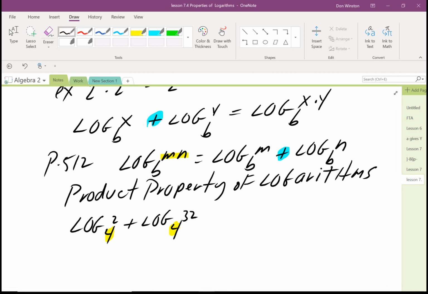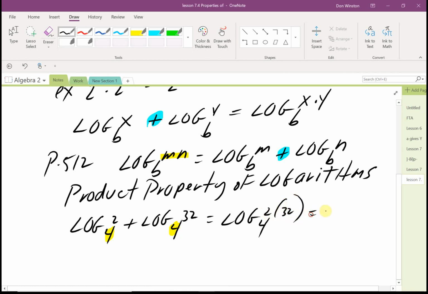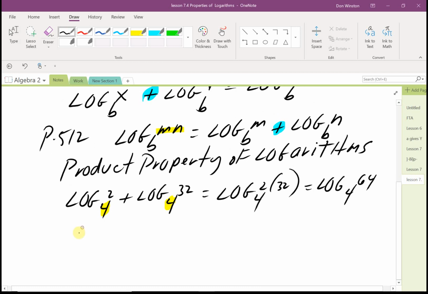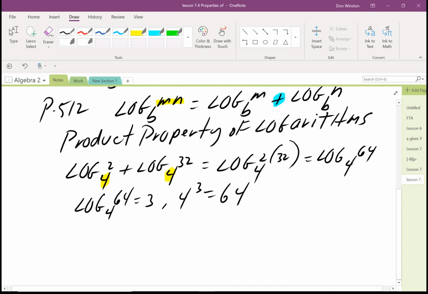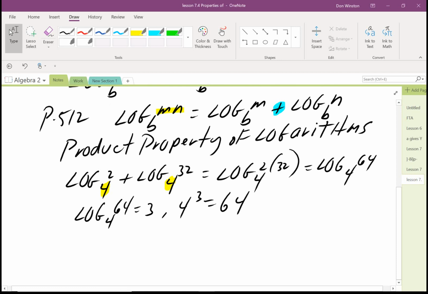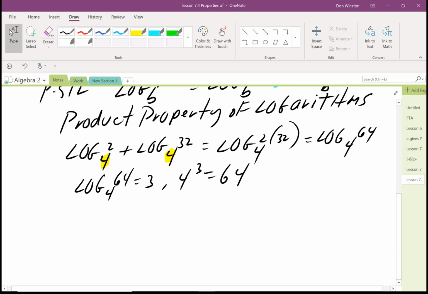Okay, so this would equal log base 4, so we'd have to multiply the 2 and the 32. So 2 times 32, which would equal log base 4 of 64. Now, log base 4 of 64 equals 3 because 4 to the third is equal to 64. So I'll run through several examples here and you guys will be required to do some work.